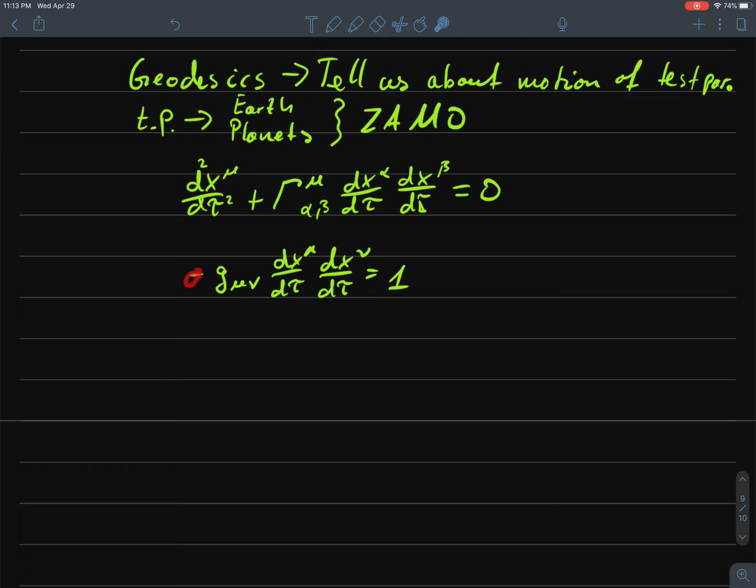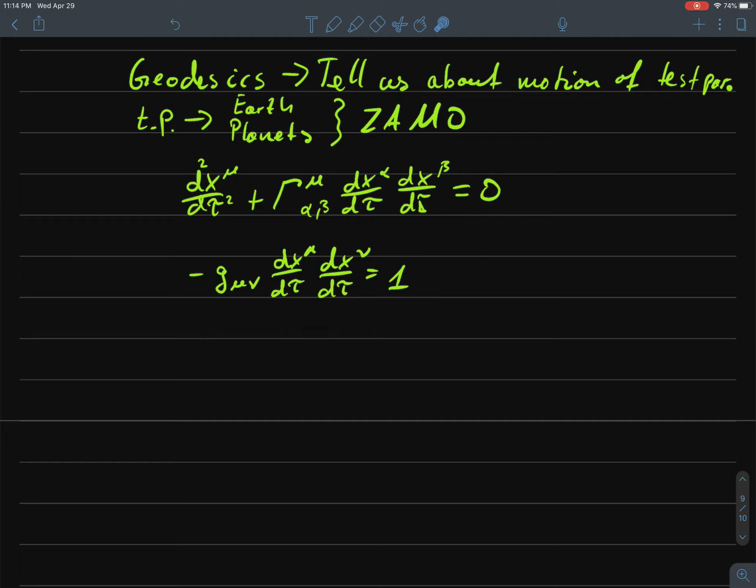And I just moved the minus sign over. Now it turns out that for the Schwarzschild black hole, this actually encompasses everything we need to know from the geodesic equations and for our solar system tests.